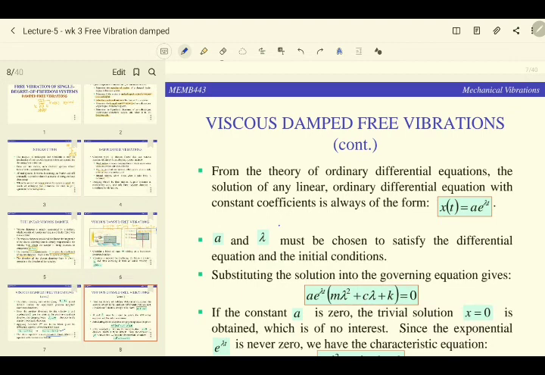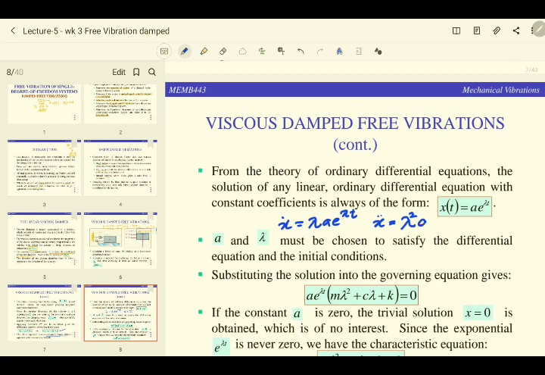So you have your x dot will become lambda A e to the lambda t, and your x double dot is equal to, you put your lambda again, but you have to square it because you have the lambda from here.